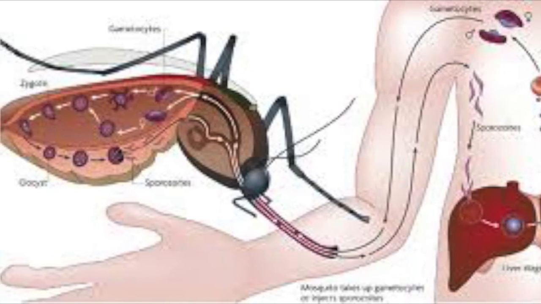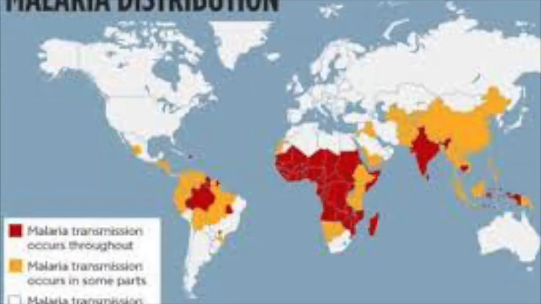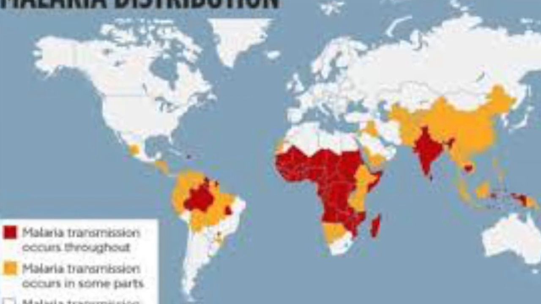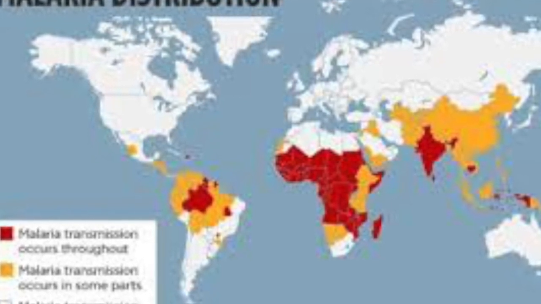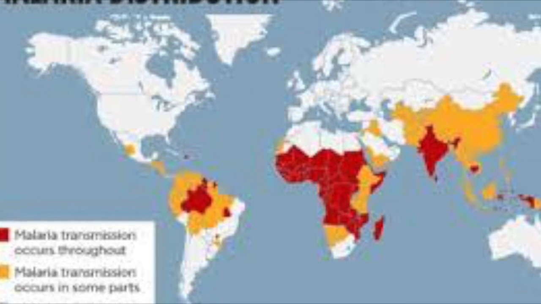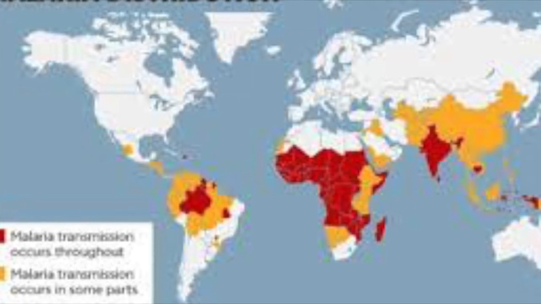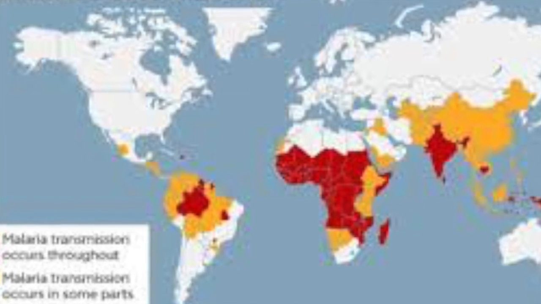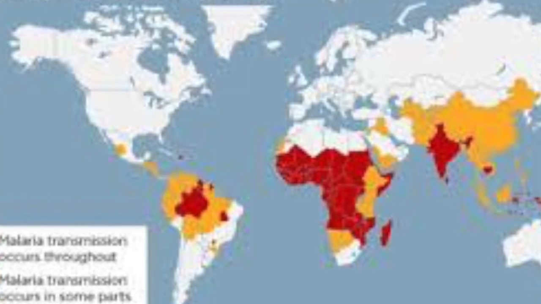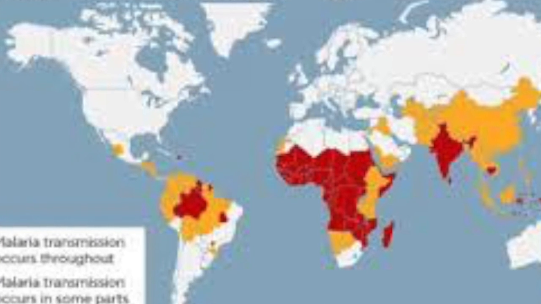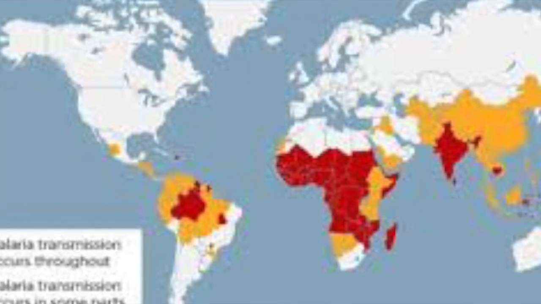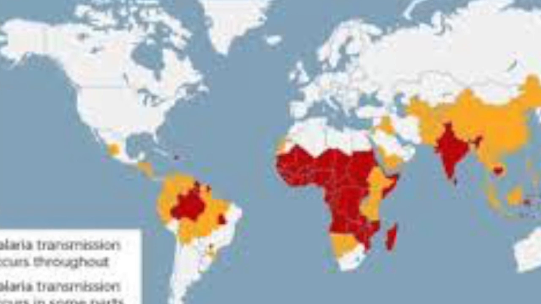The United States Centers for Disease Control and Prevention estimates that there are 300 to 500 million cases of malaria every year, and more than 1 million people die from malaria. This presents a great risk of disease from travel to hot climates. In some regions of the world, mosquitoes that transmit malaria have developed resistance against insecticides.